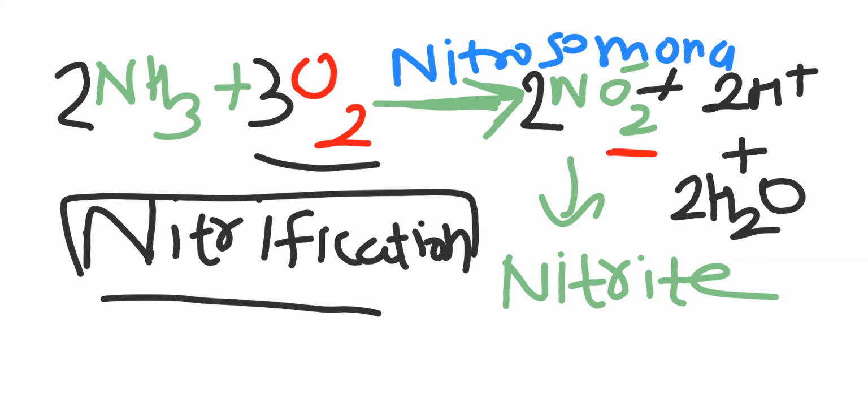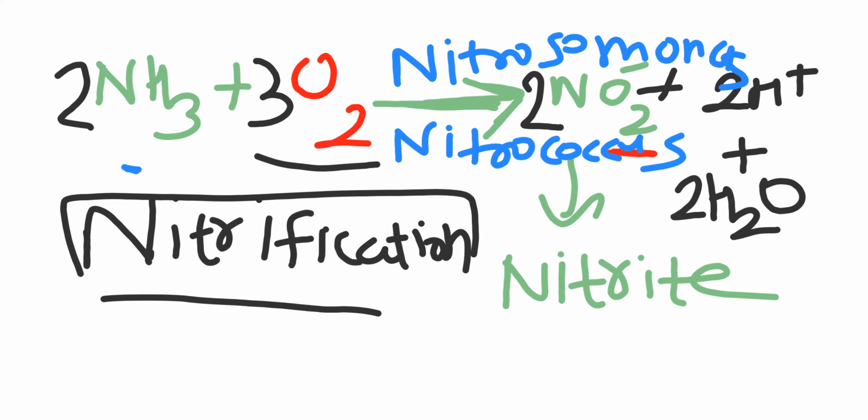And the other is Nitrococcus. Nitrosomonas and Nitrococcus. Yes, they are chemosynthetic bacteria. Right? So these organisms are helpful in the soil to convert this ammonia into this nitrite.